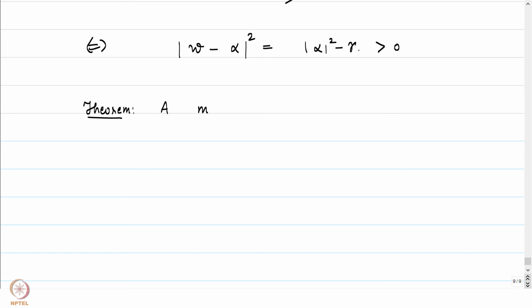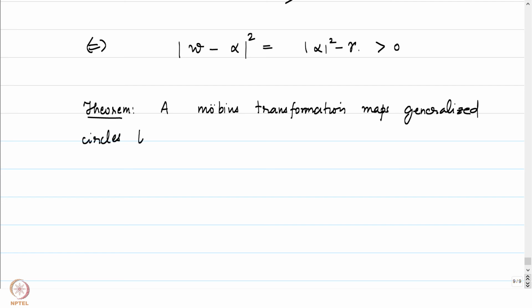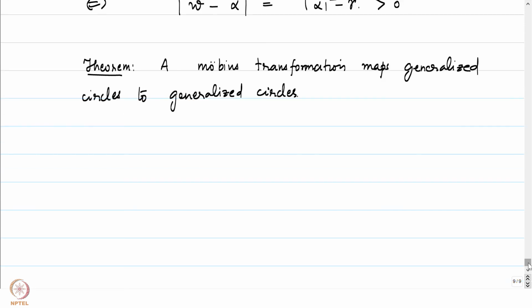A Mobius transformation maps generalized circles to generalized circles. So the proof is actually quite straightforward.